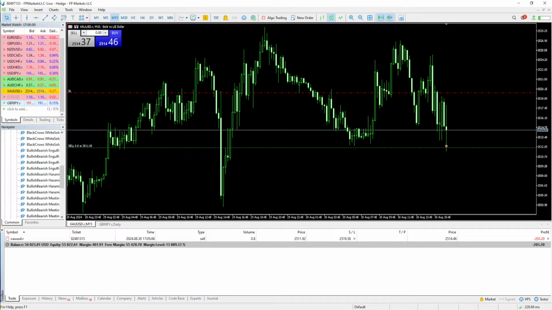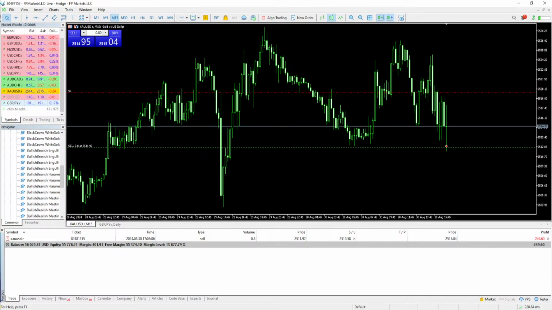So what I'm going to do is, if this candle breaks its own high, then I'm going to close 50% of the trade and manage my risk at that point.